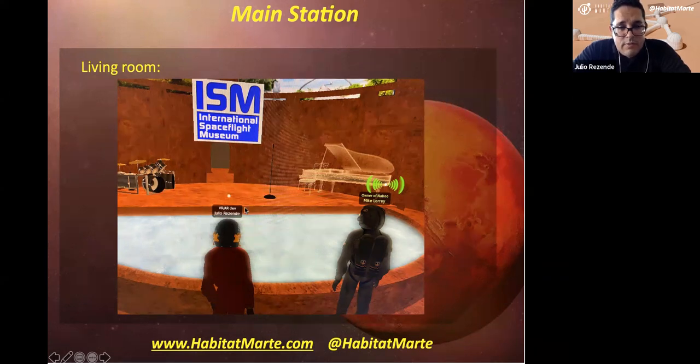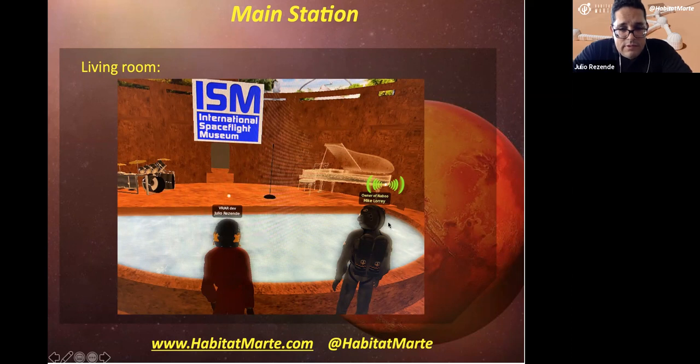He developed a concept of an immersive platform in a virtual environment like Second Life. It's Michael Lurie, and this is my avatar visiting this habitat.